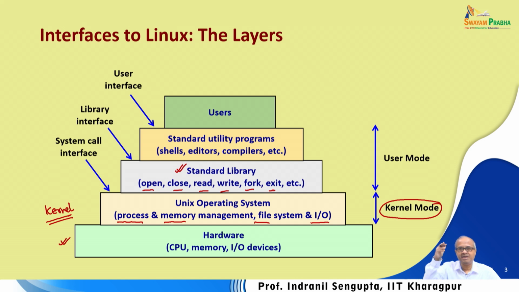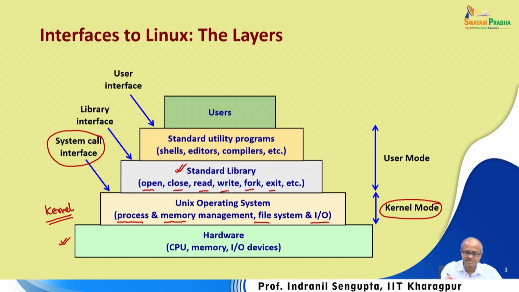Any application or program which is running at a higher level can access this library interface. At the lowest level you have the system call interface, meaning that these routines of the kernel can only be accessed through system calls, syscalls. So, the mode will change from user mode to kernel mode and the routines will get executed.